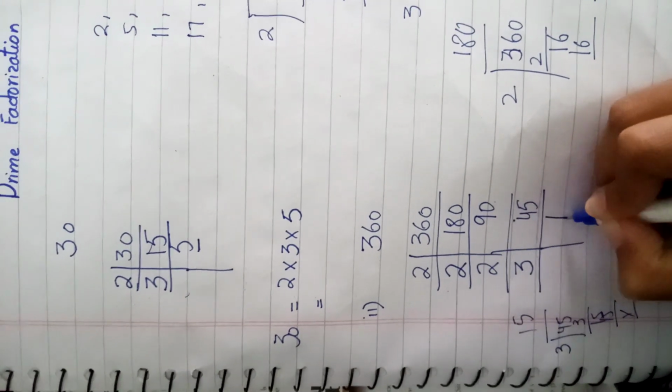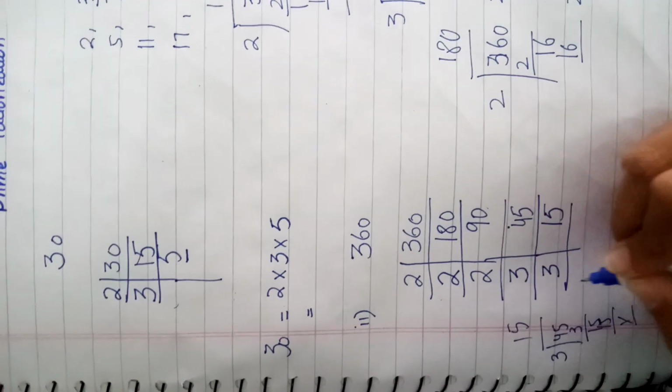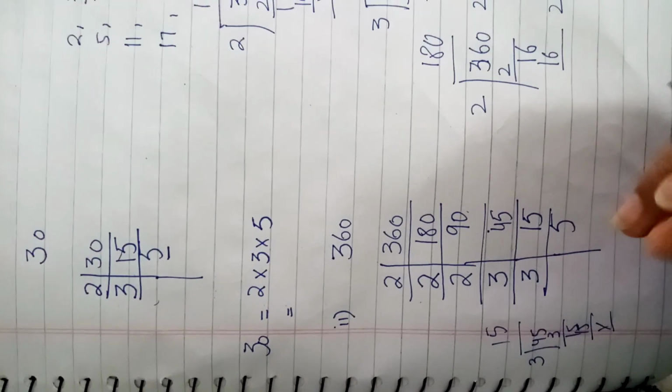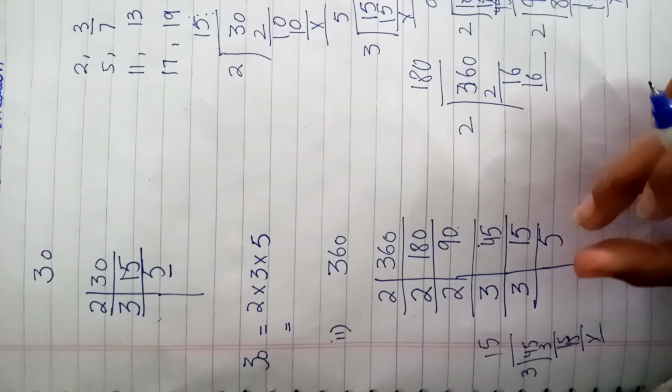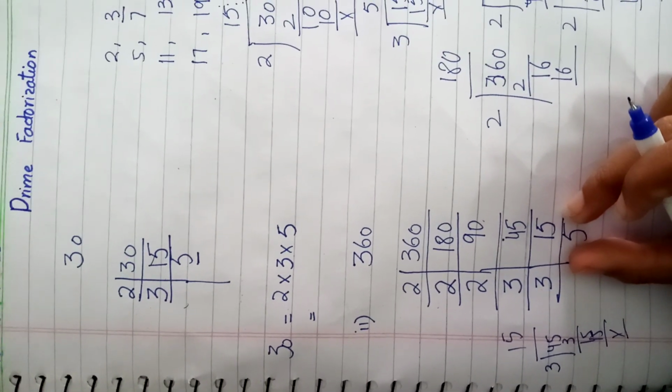We get the answer 15. Here, divide 15 by 3. 3 fives are 15. Here we get a number that is prime. This 5 is a prime number, so our question will end here.